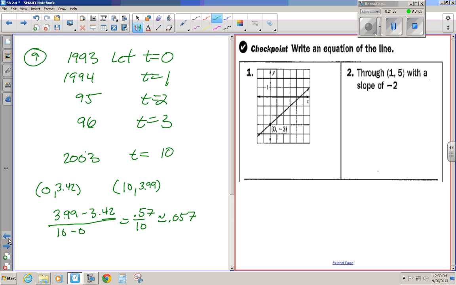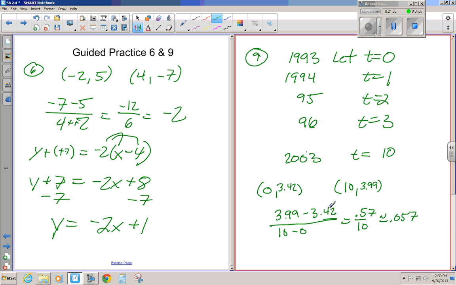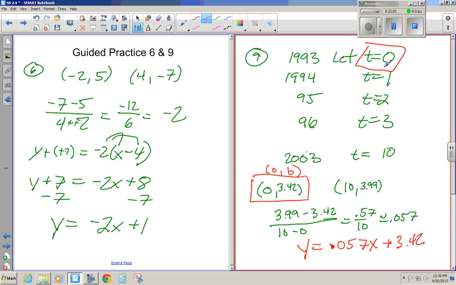So looking at this story problem, we have the y-intercept. We know what the b value is. So all you have to do to write your equation is say that the slope m is 0.057, so y equals 0.057x plus 3.42. That's all you have to do. That's why changing this to t equals 0 is much better than using 1993, because you'd end up doing a lot of weird multiplying.